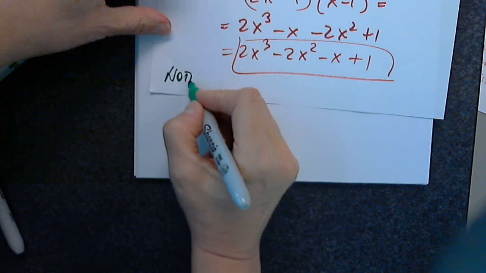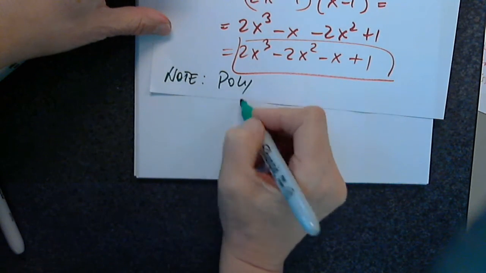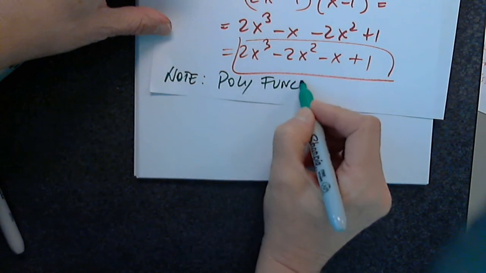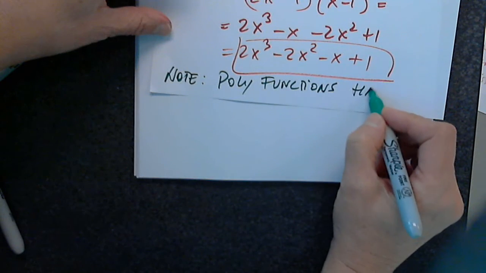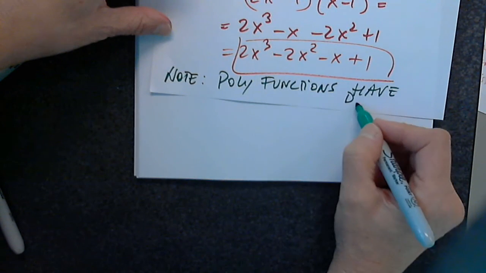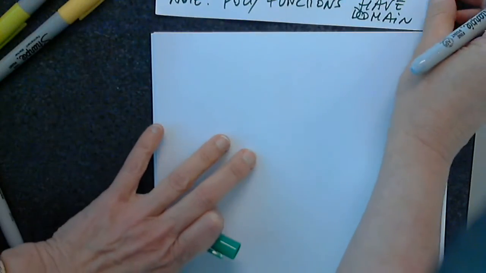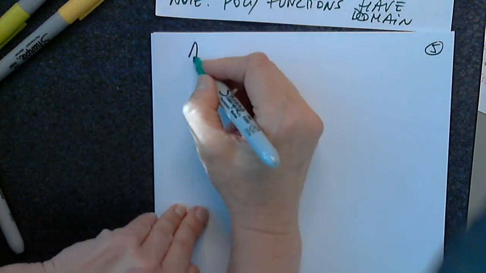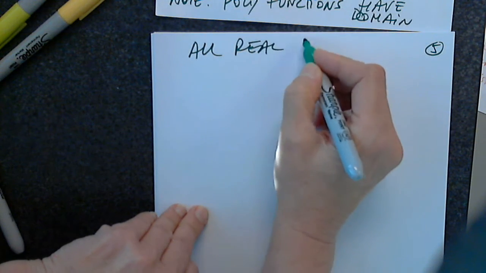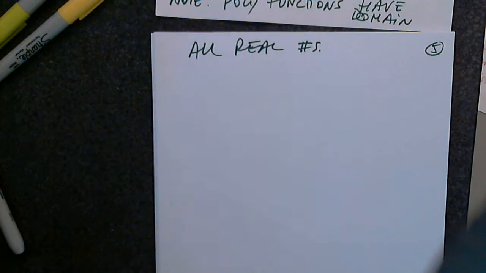Note: polynomial functions have domain all real numbers. What I like to call friendly functions.